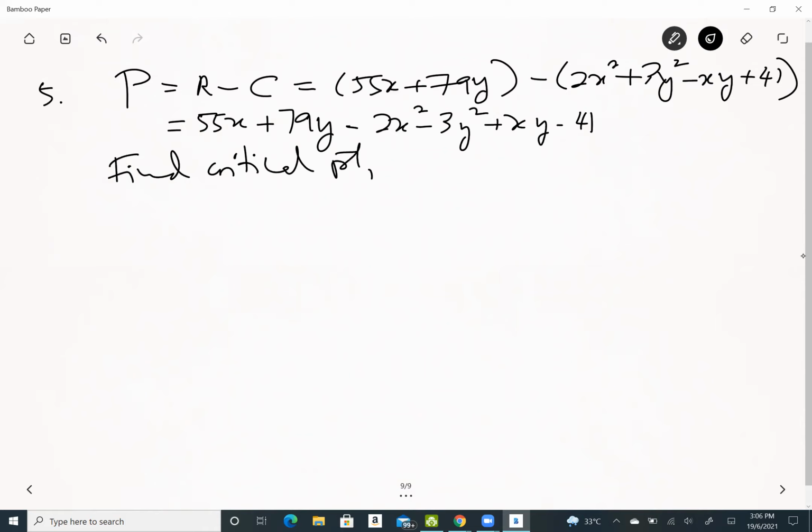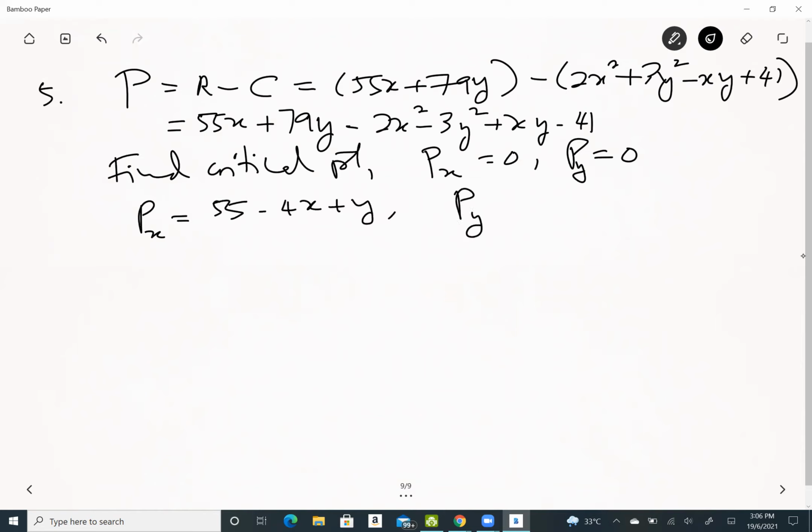So for the critical point, what is the condition? The condition is Px equal to 0, Py equal to 0. So that is the condition. So first you need to find Px. What is Px? Px is 55 minus 4x plus y.